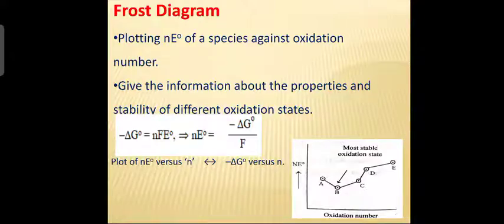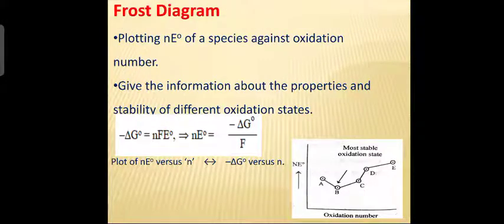Thus the plot of n E naught versus n can also be regarded as a plot of minus delta G naught versus n. So these diagrams give information about the properties and stability of different oxidation states of elements. The most stable oxidation state of an element corresponds to the species which occupies the lowest position in its Frost diagram.